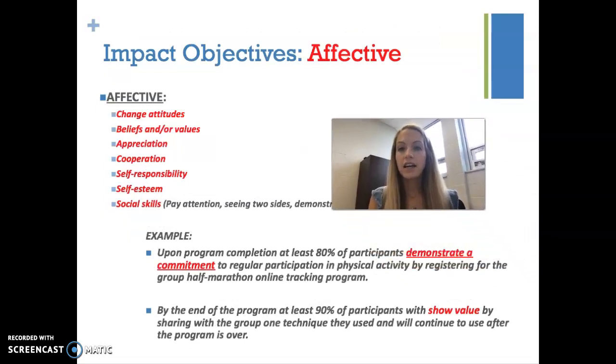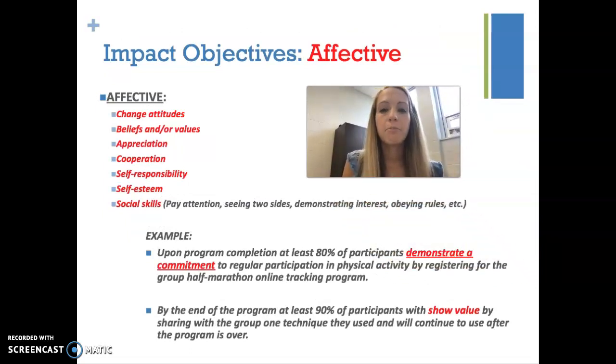So let's look at that last objective for the impact objectives, which is affective. And I think this is maybe one of the harder ones for people to wrap their minds around. But affective is looking at changes in attitudes, beliefs, values. It's showing appreciation.